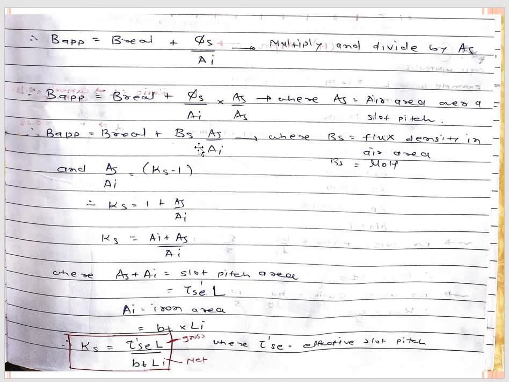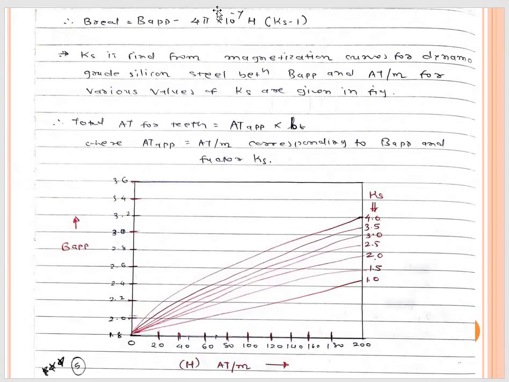Here BS is replaced by mu 0 H in this final equation, where Ks is found from the magnetization curves for dynamo grade silicon steel between B apparent and ampere turn per meter for various values of Ks, given in the below figure.